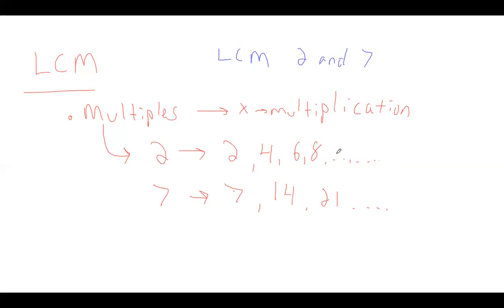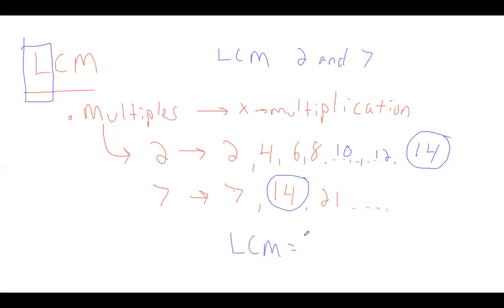But if I keep going on 2, 10, 12, 14, ding, ding, ding, ding, right? Now I have one in common. I don't have to keep going to see if they have more in common. Why? Because I want the least, the smallest common multiple. So here, the LCM would be equal to 14.